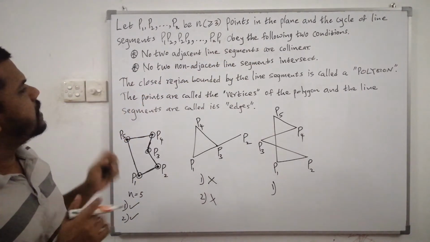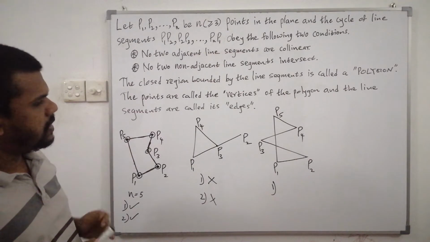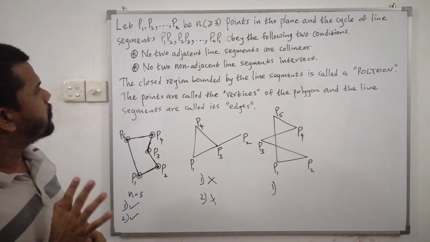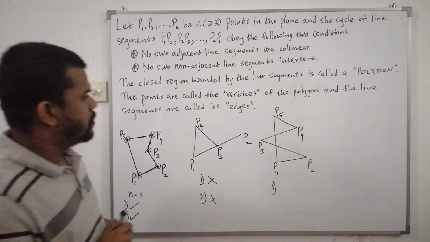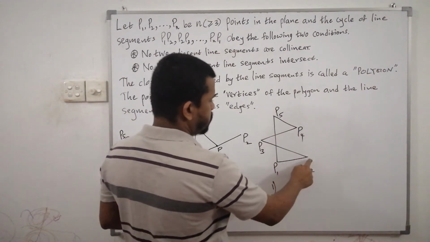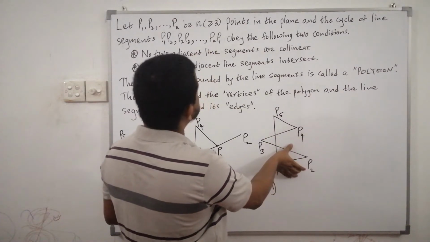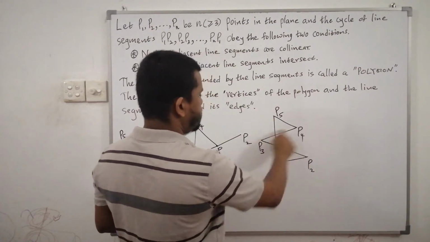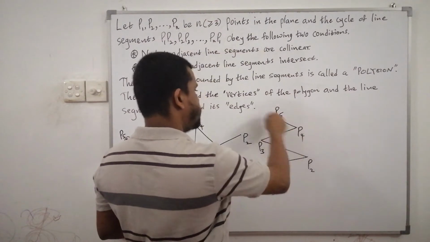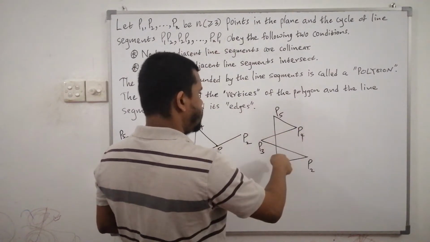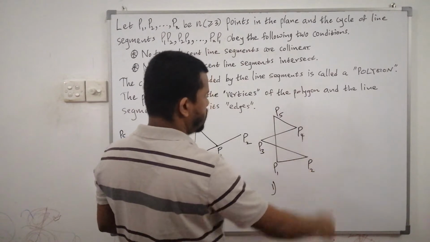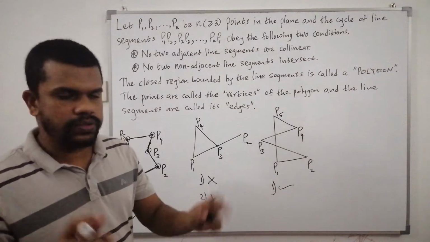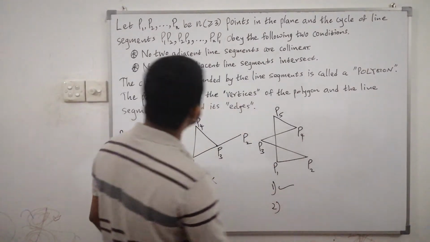That means any pair of adjacent line segments must not be collinear. So if you consider this one and this one, adjacent pairs, they are not collinear. This one and this one, they are not collinear. Likewise for all the adjacent pairs, they are not collinear. Therefore, the first condition is true.